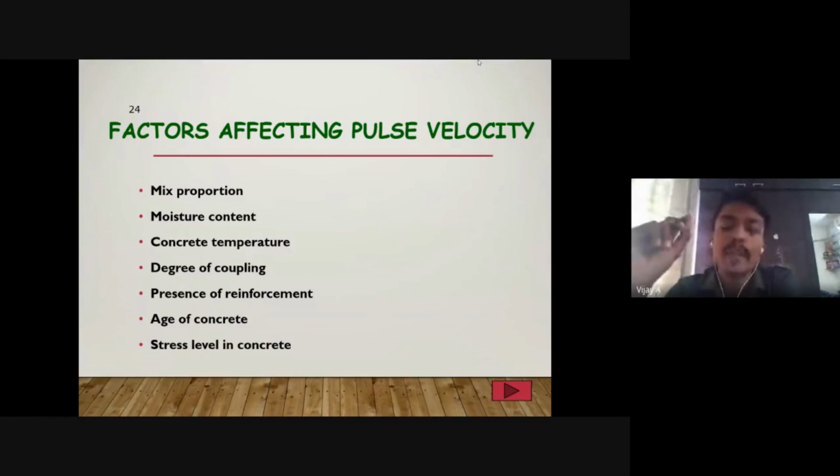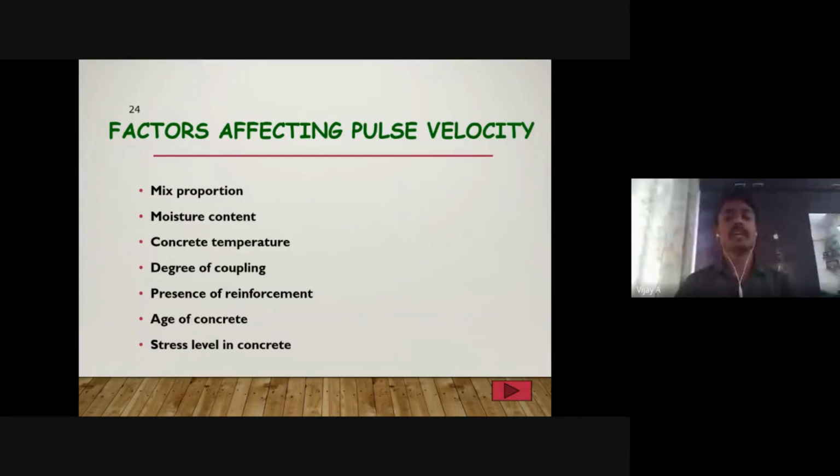When you do not maintain proper calibration, the results will be quite variable. That is why we require calibration even for the transducer and receiver that you are using for UPV testing. Only then it will have a very good degree of coupling.